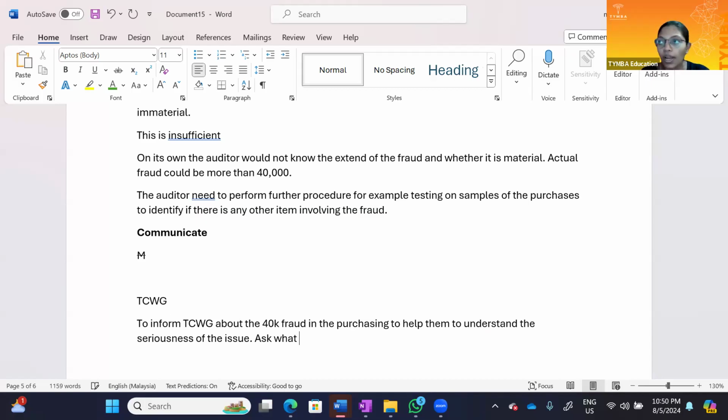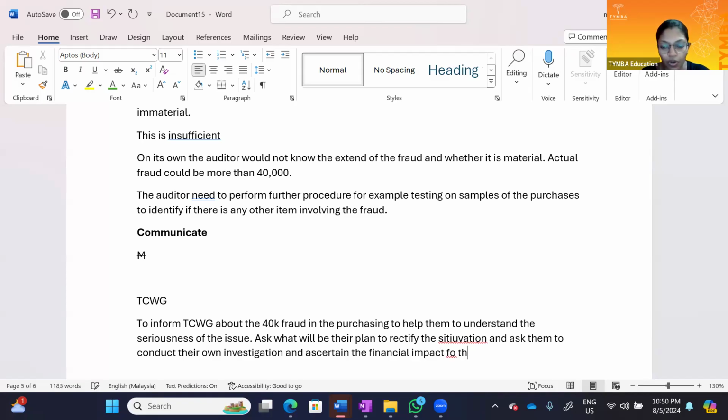Ask what their plan will be to rectify the situation, and ask them to conduct their own investigation and ascertain the financial impact of the fraud.